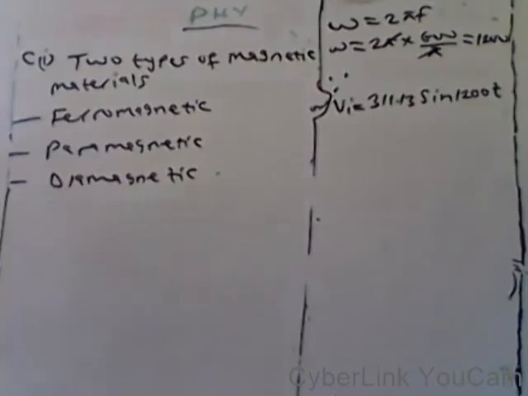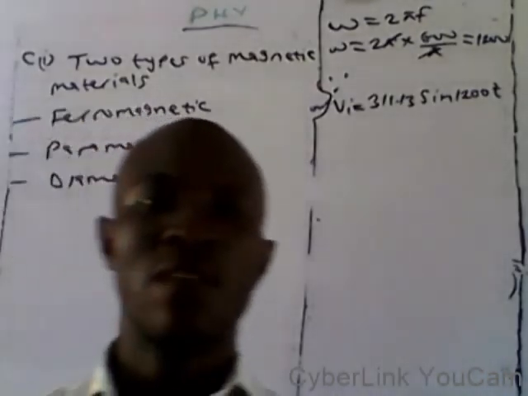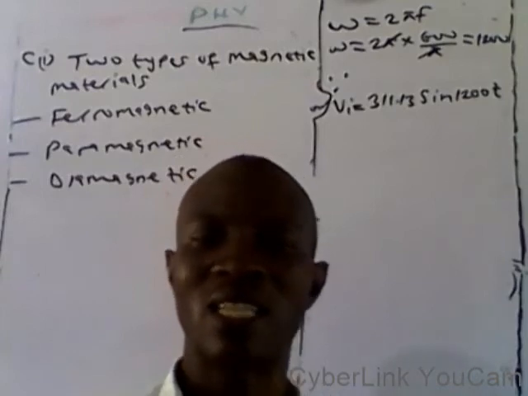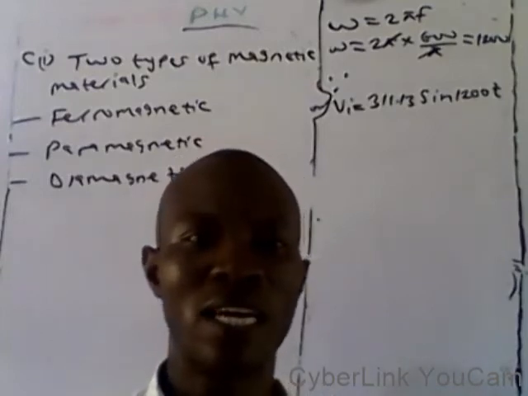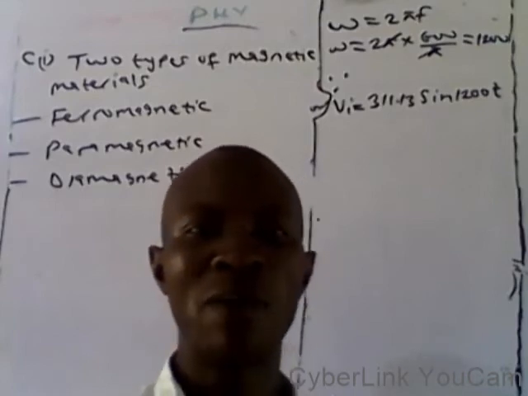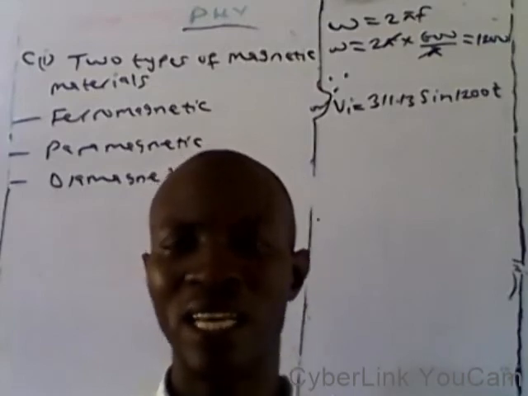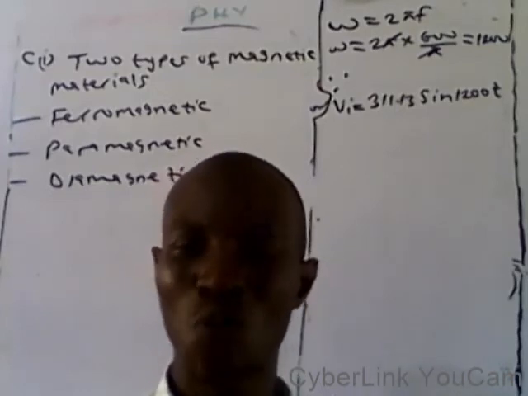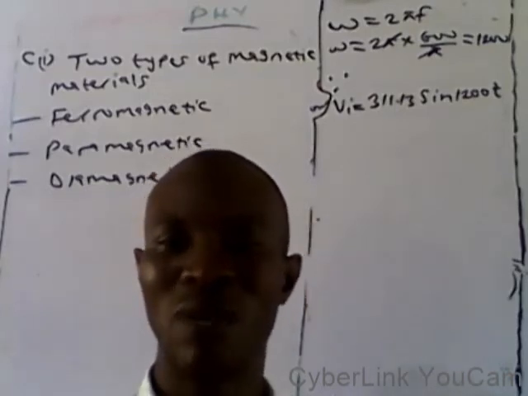Now, what is ferromagnetic materials? The ferromagnetic materials are the types of magnetic materials that are strongly or easily attracted to a magnetic field. While paramagnetic materials are weakly attracted to the magnetic field.